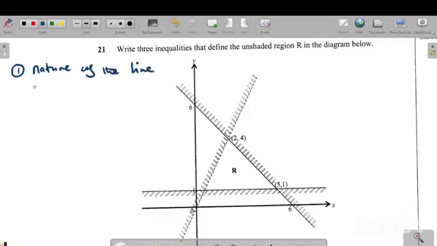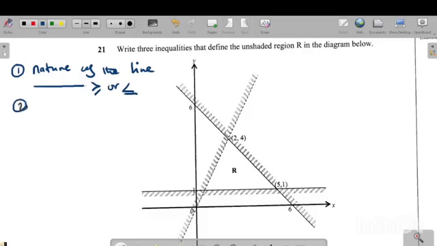If it's a solid line like this, it means your inequality is going to have either the greater or equal to symbol or the less or equal to symbol, because it's a solid line.